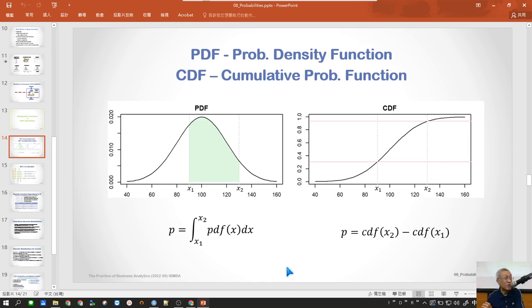You send in the probability, and it will return the critical value, which is X.